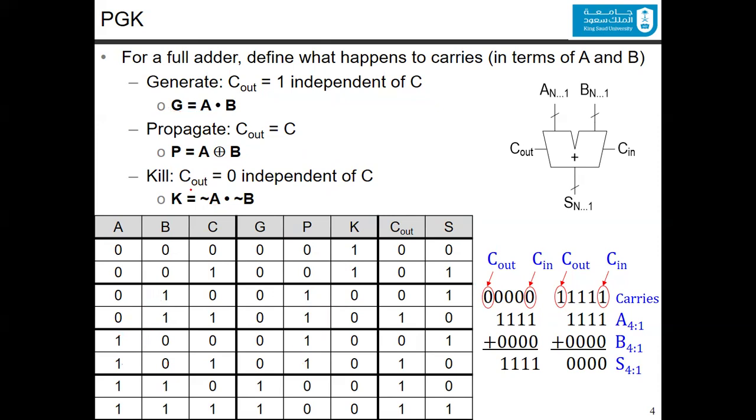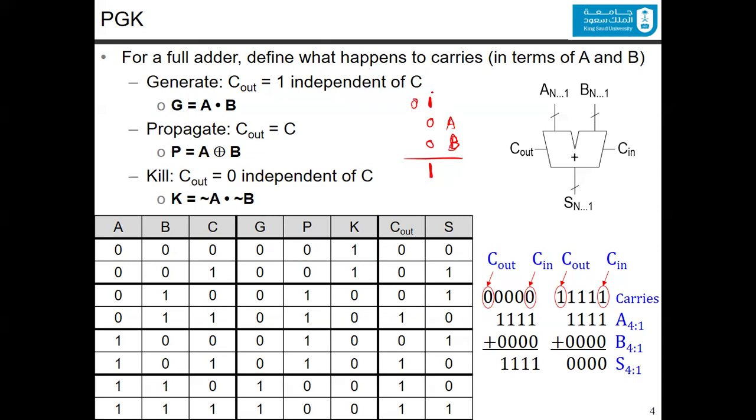So for the kill signal, or the kill of the carry, it happens when you have 0 and 0. So if we say that you have a carry 1, and then A and B are 0, 0, then what happens to this carry? It's going to be in the sum, and there is nothing generated in the next stage.